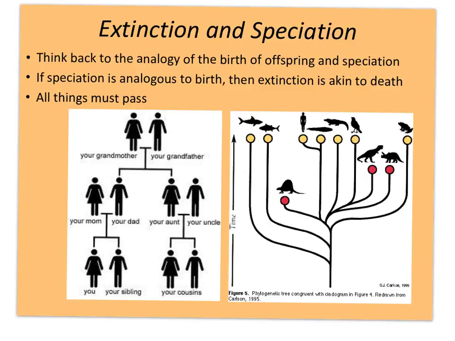Speciation is the same sort of thing. Of course, we don't all live forever, and so people also die. And the same thing happens with species. So extinction is akin to death for a taxon instead of for an individual.